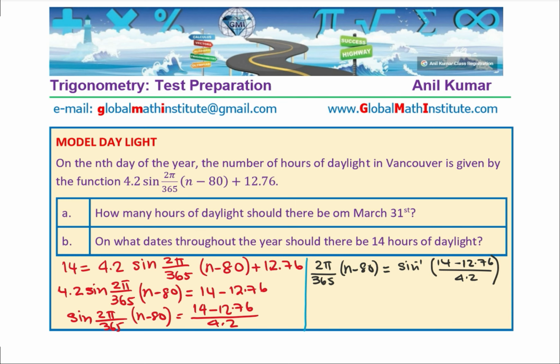Now, this is the tricky part. It is a positive value, 14 minus 12.76 over 4.2.